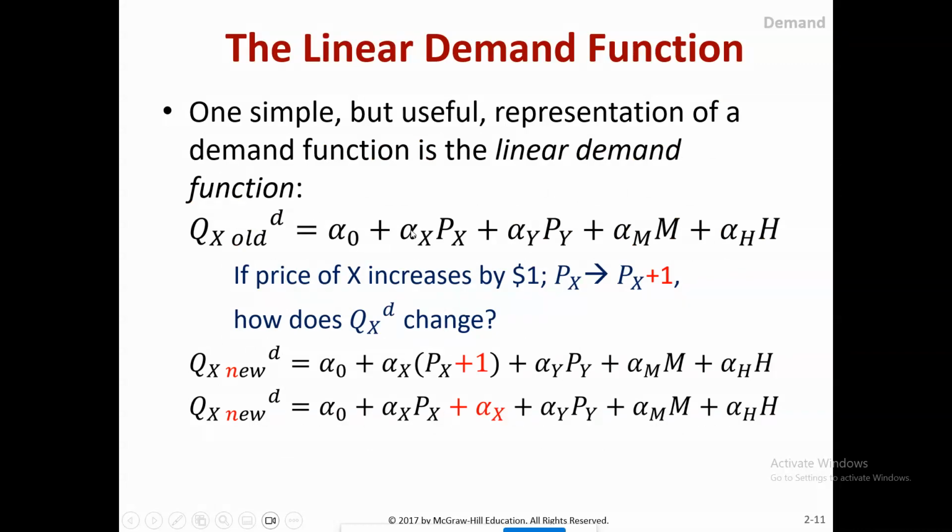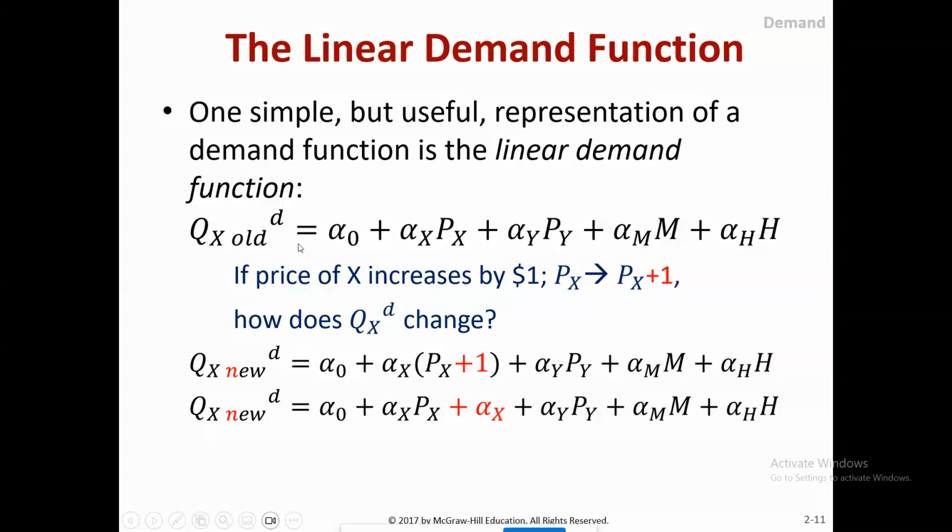The coefficient in this mathematical expression provides us the information that whenever the variable of interest, for example, price of X, increases by 1 unit, marginal analysis, 1 more, so change from price X to price of X plus $1, how does the quantity demanded change for product X?